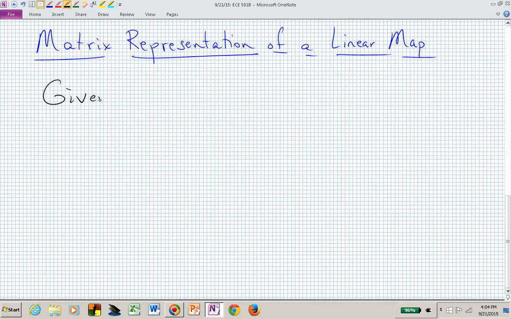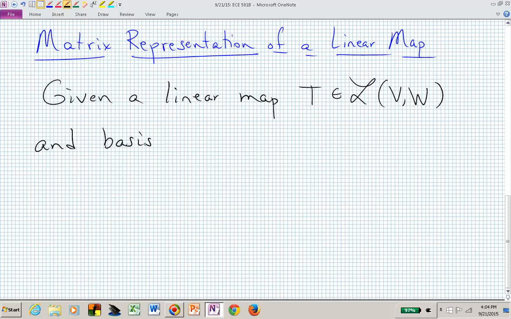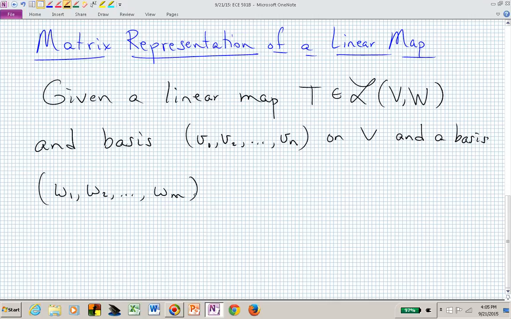Given a linear map, the notation is then we have this linear map T that's in this set of all linear maps from the domain V to the codomain W. And suppose that we have a set of basis vectors for the domain, that's now n vectors long as a list on the domain, and let's identify a basis for W, which is, let's say, m long on the codomain.